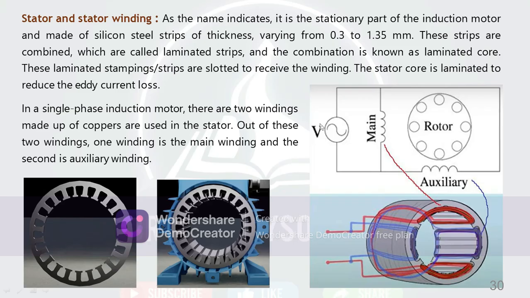We create an auxiliary winding: one is the auxiliary winding and one is the main winding. The auxiliary winding is required only to start the motor. We use it only for starting purposes. Initially the motor takes the starting torque, then we remove the auxiliary winding.